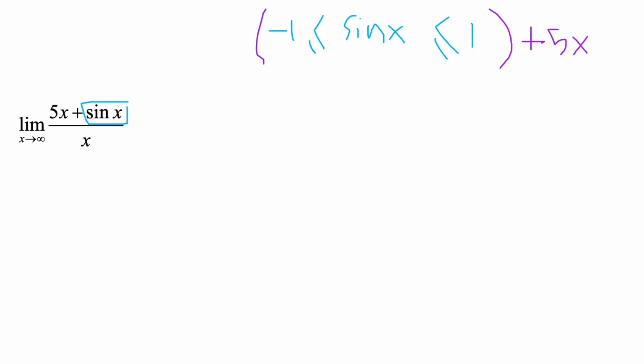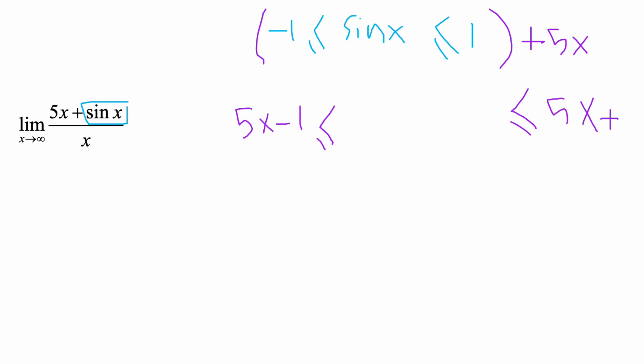For everything. So here I will get 5x. When I add it, it will be 5x minus 1, and the right side will be 5x plus 1.